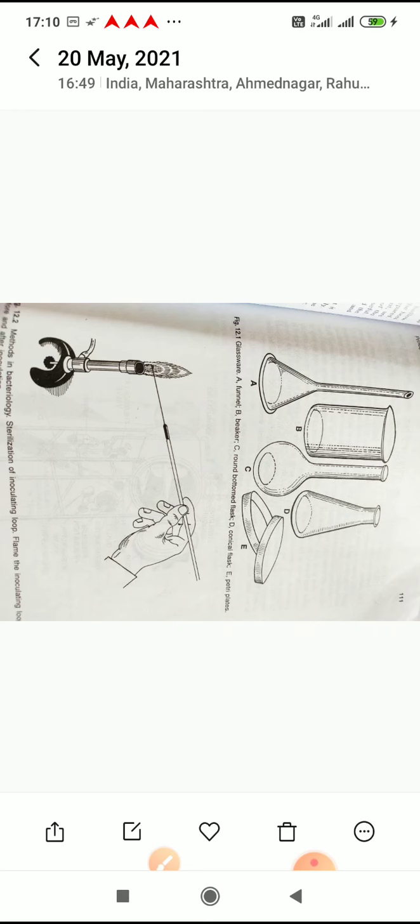In certain cases, only teasing of the infected material taken to the laboratory, teasing of such infected material on the slide with the help of a needle is quite useful and enough.